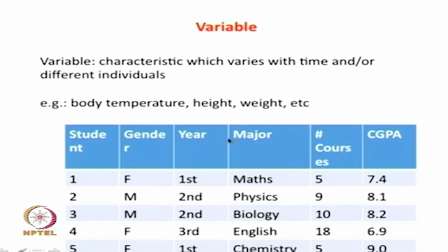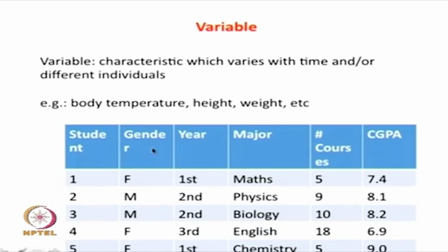What are they majoring in, be it maths, physics, biology? How many courses have they already done? A first year student would probably have taken 5 courses already, so that means the second semester of the first year, and so on. And what is the GPA of that particular student?